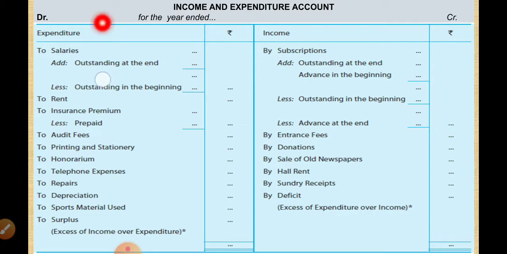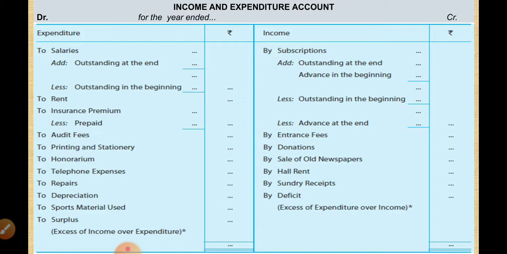Similarly, irrespective of cash paid or not, if an expense is said to be outstanding, if we have already received the benefit and we have to pay the expense, irrespective of whether we have paid or not, it belongs to the current year and it will be entered in the expenditure side of income and expenditure account. This is another concept which is different from your receipts and payment account, because receipts and payment account is not on accrual basis, it is on cash basis.